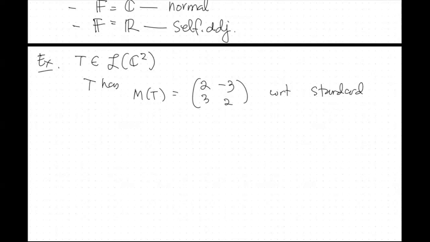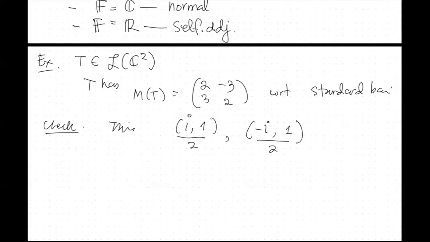And you have to verify this list: the first is (i over 2, 1/2), and the second is (negative i over 2, 1/2). Let us consider these as our V1 and our V2.